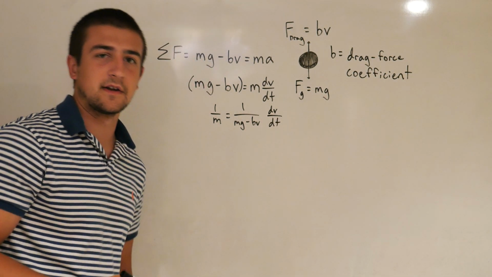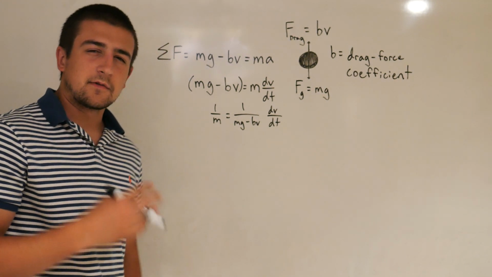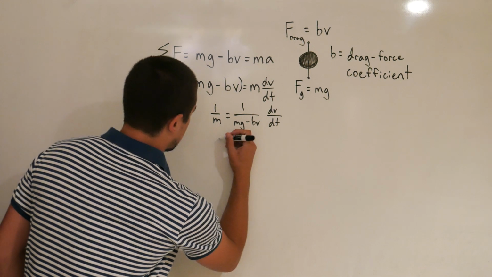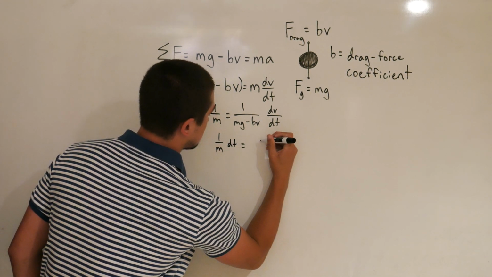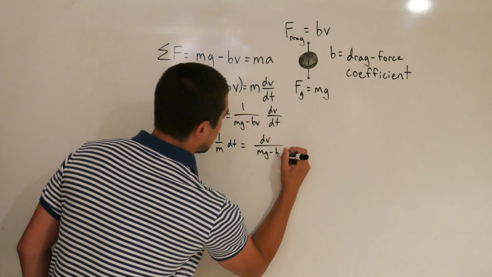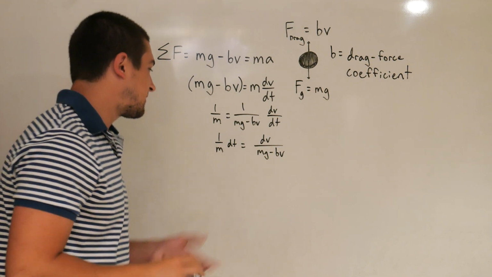And now we're going to recognize that the dv and the dt are quantities again, and we're going to multiply both sides by dt. So we'll have 1 over m dt is equal to dv over (mg minus bv). So that's what we have, we've just separated our variables.